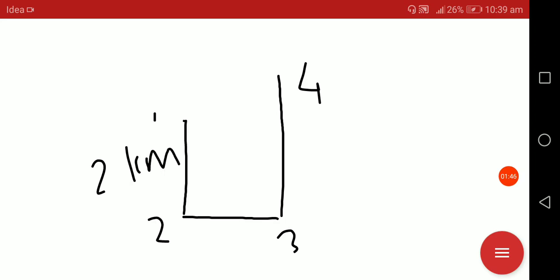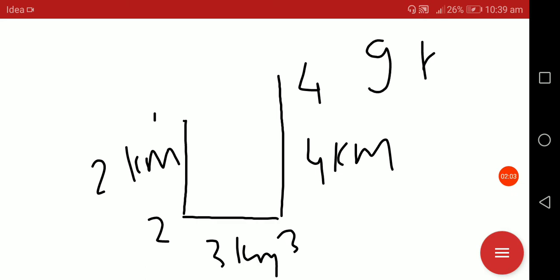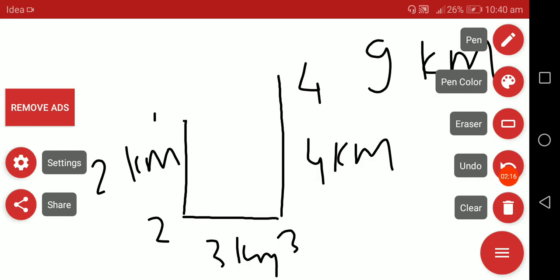Similarly from point 2 to point 3, I travel 3 kilometers, and from point 3 to point 4, I travel 4 kilometers. So the total distance covered will be 2 kilometers plus 3 kilometers, that is 5, plus 4 kilometers. That is, the total distance will be 9 kilometers. This is nothing but the total length of the path, and this is the distance.